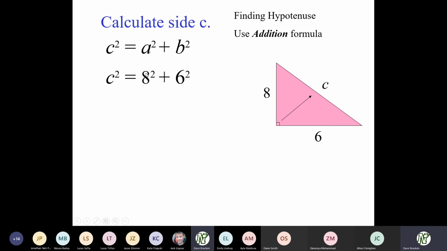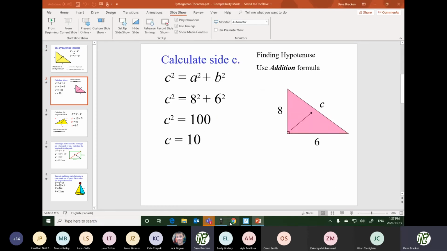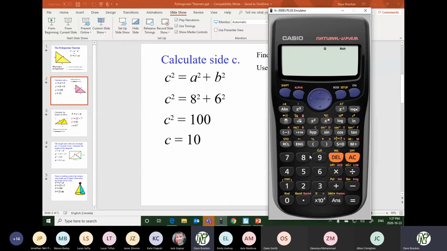Now, in your calculators, 8 squared plus 6 squared should leave you with 100. And when I hit enter, do you see how we get 100? So c squared, notice it's still being squared, is equal to 100.